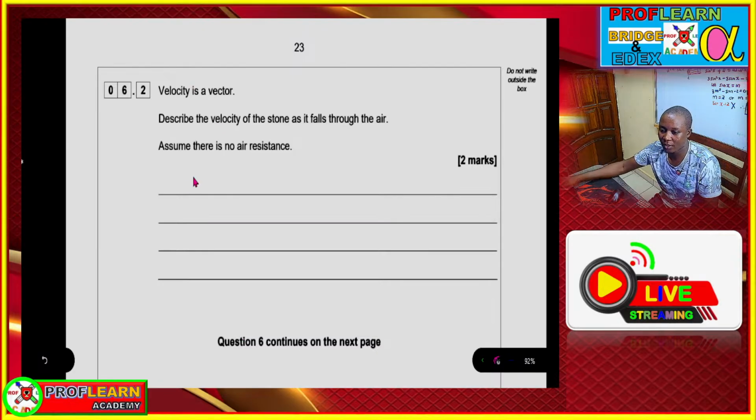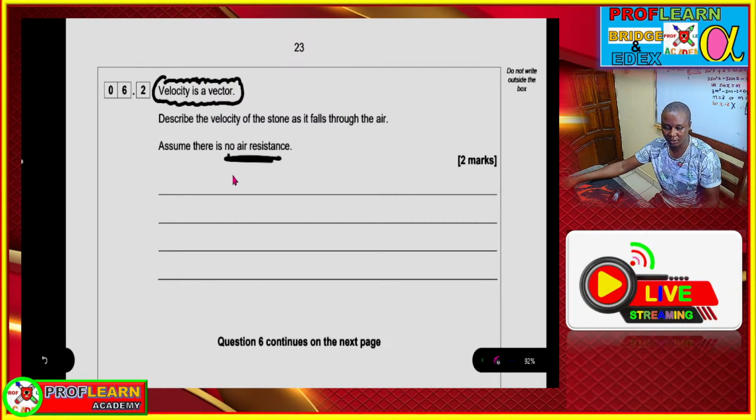Velocity is a vector quantity. Describe the velocity of the stone as it falls through air. Assume there is no air resistance. Velocity is a vector quantity, so it has both direction and magnitude.